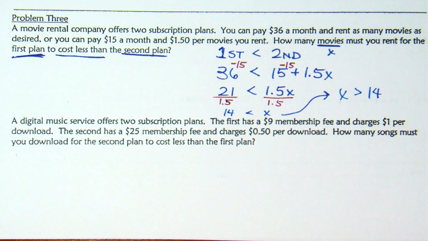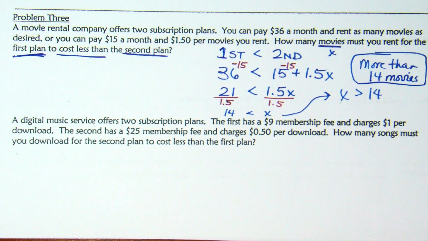If you're going to watch more than that, or less than that, I mean, then just stick with the $15 a month. So if we put this in words, it's more than 14 movies. Technically, we're not going to do half movies or partial movies, right? So technically, you could also say 15 or more movies, because 15 would be the first whole number movie you could rent.